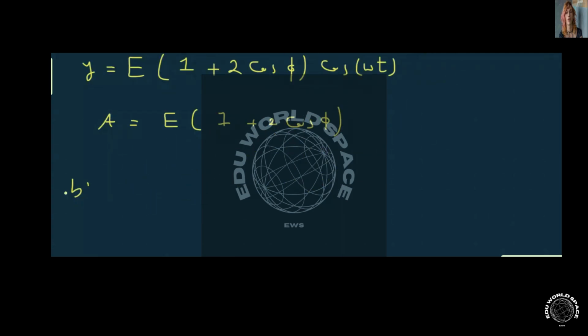Now for part B, the intensity is just equal to the magnitude of the amplitude squared. So this is equal to E squared times (1 plus 2 cosine of phi) squared.